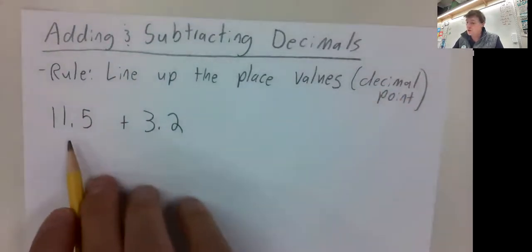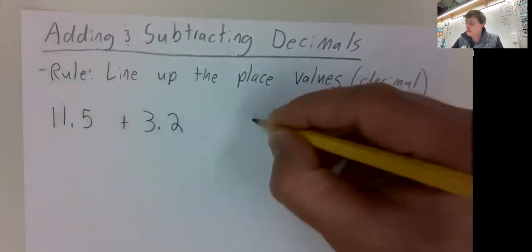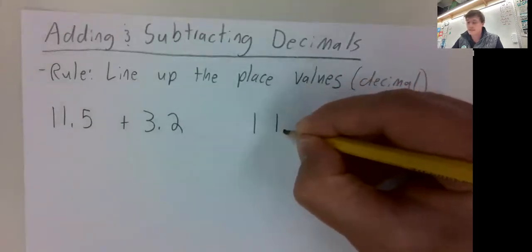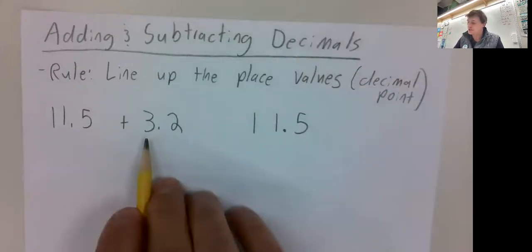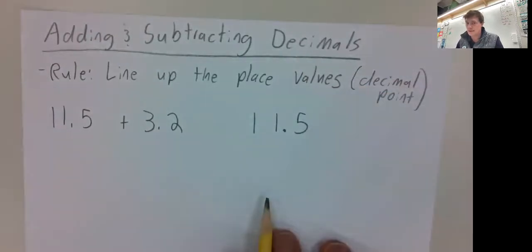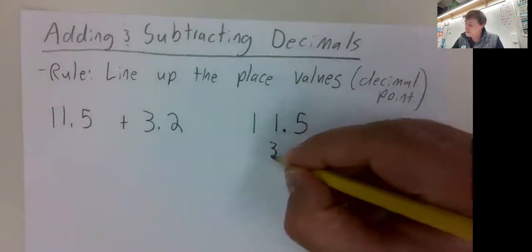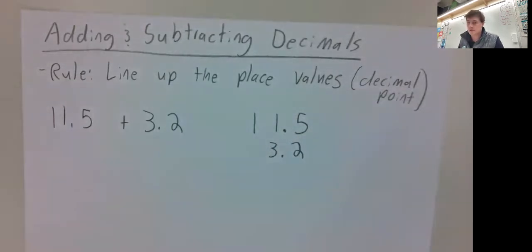So I'm going to start with the bigger number here. Actually, I like to start with the one that has the most digits. And this one has 3, this one has 2. So I'm going to start with the bigger one on top. When we're adding, remember, the order doesn't matter. But then 3.2 is going to be underneath it.